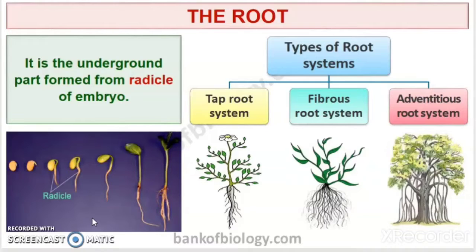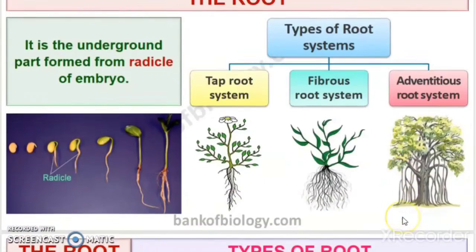The first part which comes out of the embryo is the radicle, which turns into the root system. The root system can be divided into three types, that is taproot system, fibrous root system and the adventitious root system.